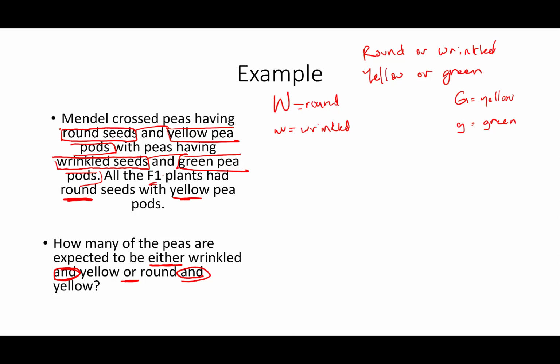If we assume the parental, so P1, were true breeding, round seeds with yellow pea pods crossed with wrinkled green, this would yield in the F1, because only one type of gamete can be made, a heterozygous individual, which would all be round with yellow. Okay.